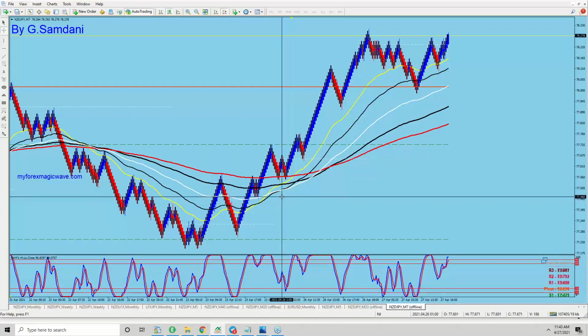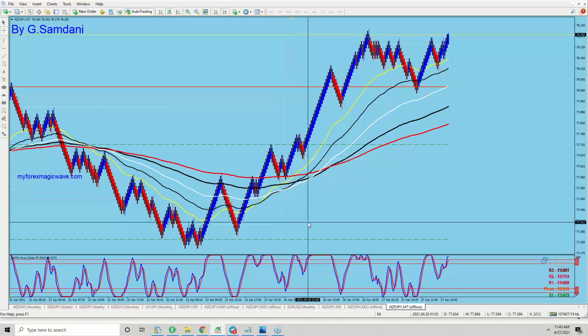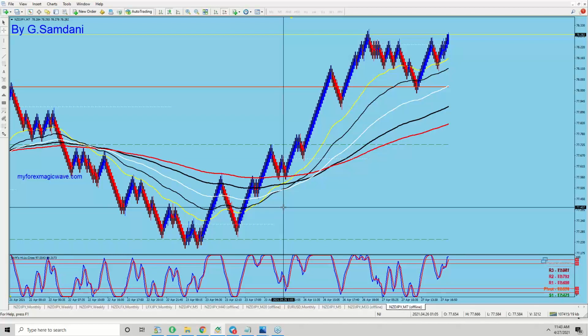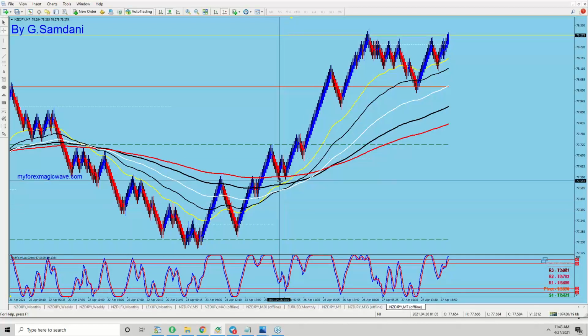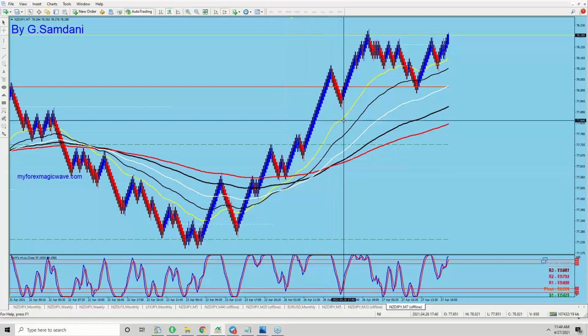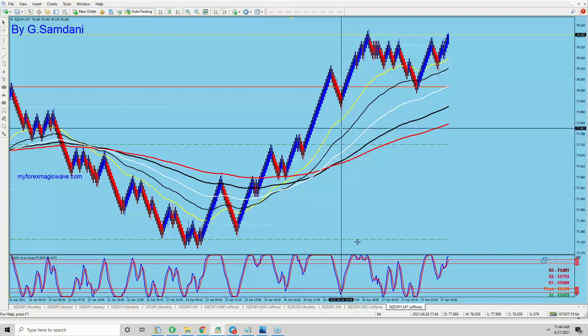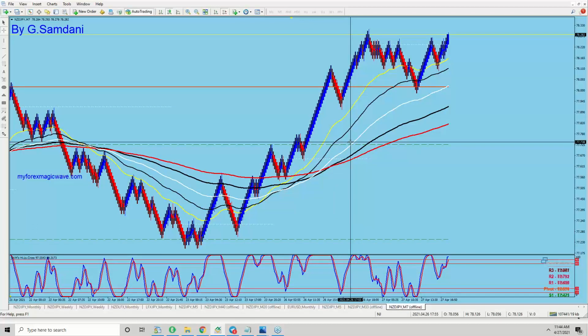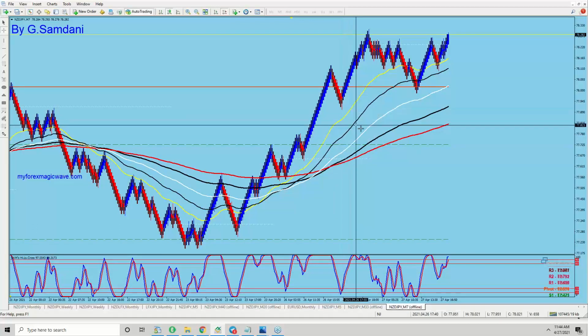This one is not a perfect entry because it hasn't touched the yellow line. Since I know that the yen index is going to go up and all pairs are going to go up, I still don't trade this one. Why would I even bother? This indicates all the way down was an entry, but the only thing is it didn't touch here.